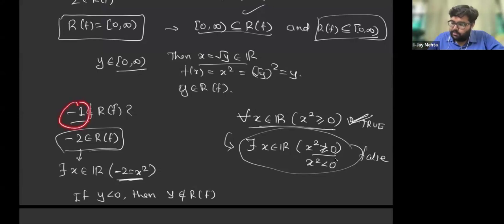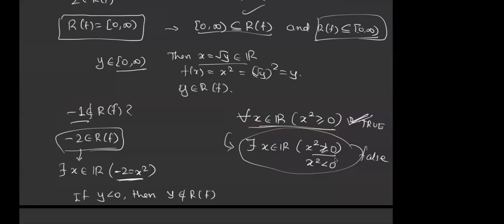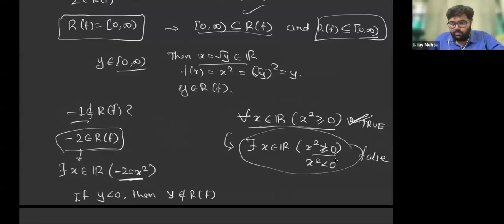Right? Y equals minus 1, not in range. Right? Can we find x such that x square is minus 1? No. Minus 2? No. Because given any real number, x square is greater than or equal to 0. How many of you understand? How many of you follow now? Good.